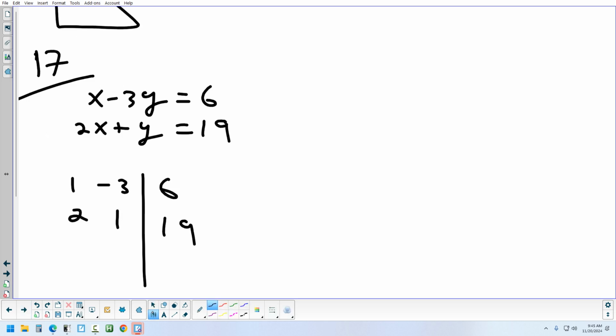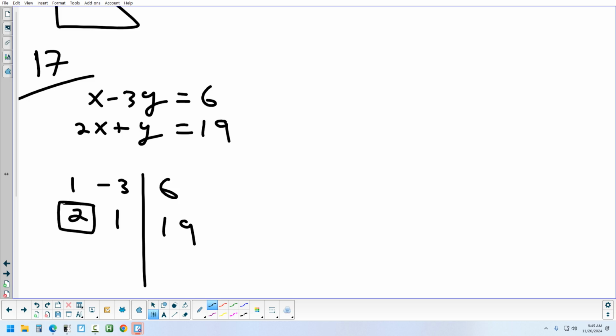All right. So the first thing we want is a 1 in the upper left. Do we already have that? Yeah. Then we're already done one of the 3 things. Now, what do you think we want to get there? 0. We want a 0. If you add row 1 and 2 together, will it make it a 0? No. So we've got to multiply row 1 by something first.